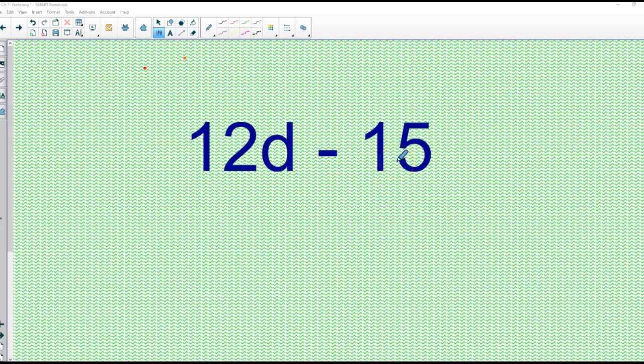They both could be divided by 3. So I'm going to make my parentheses and put a 3 on the outside. 12 divided by 3 is 4. I'm going to bring the d down. And remember, that was a positive divided by a positive, so that's a positive 4. And now I have negative 15.